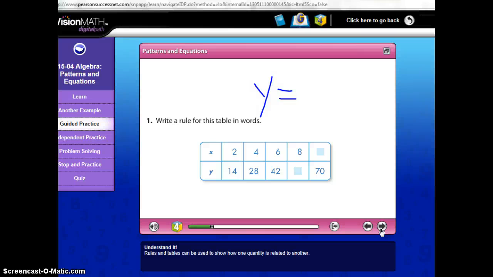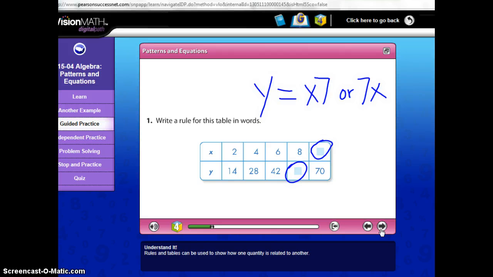Times what? Times 7. So we could do x times 7, or we could do 7 times x. I hate it when they use x's and y's because x's look like multiply signs. I wish they'd use different letters, but that's all. That's the only thing you have to do today. You don't even have to fill this in or this in. I don't care about that. You could, but you don't have to for me today.